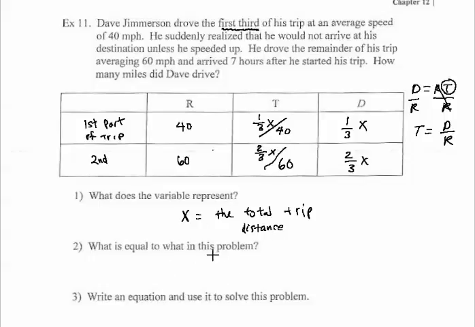There's a number typically that is left over in the problem that was not used in the table, and in this case that number is 7 hours, and it refers to the total time.